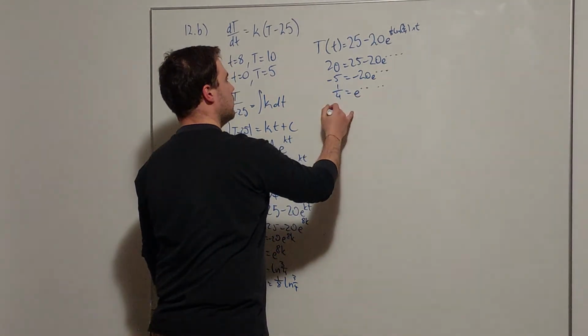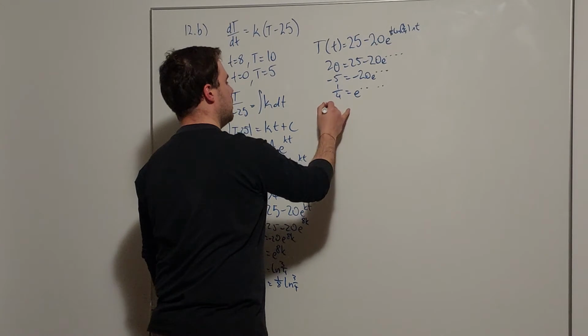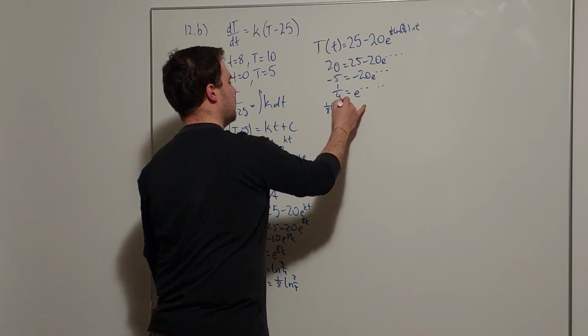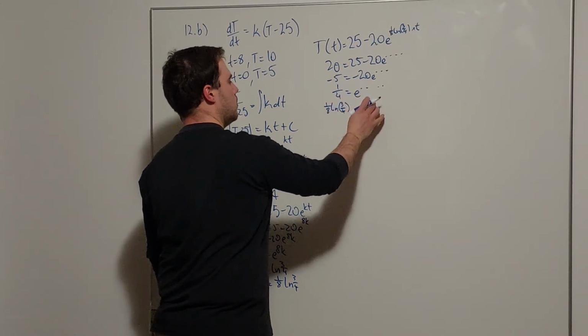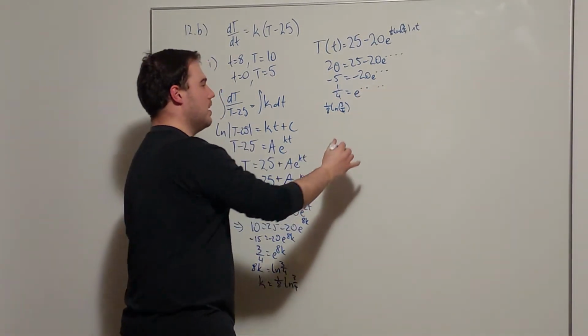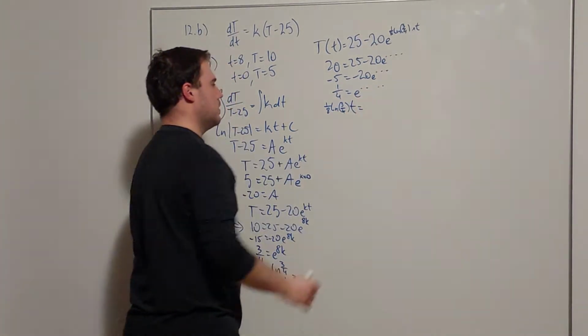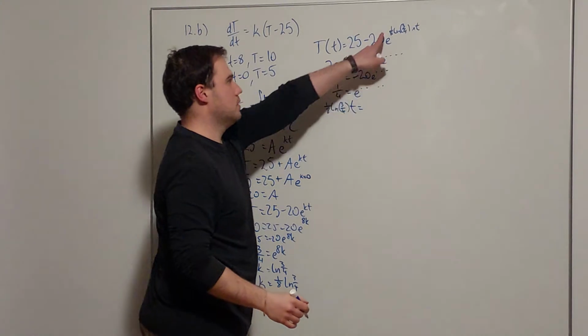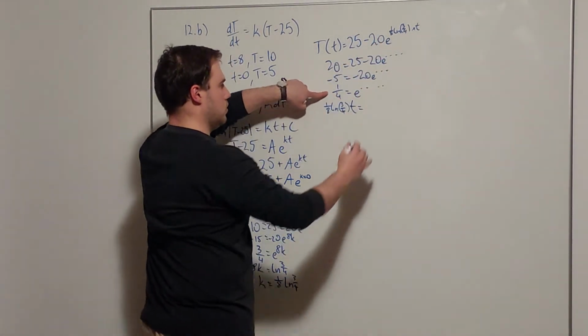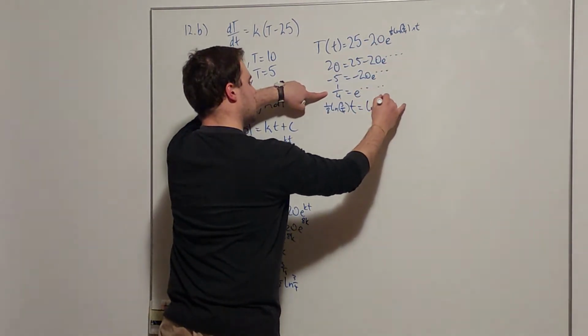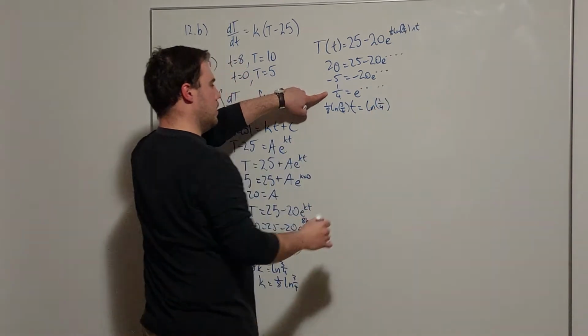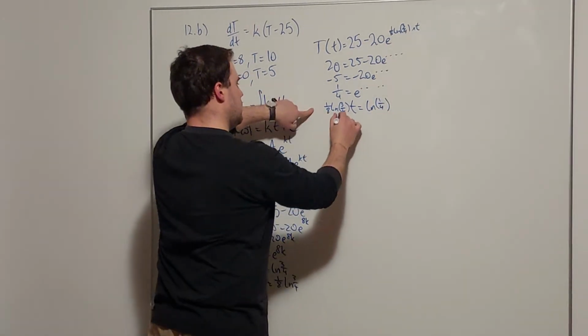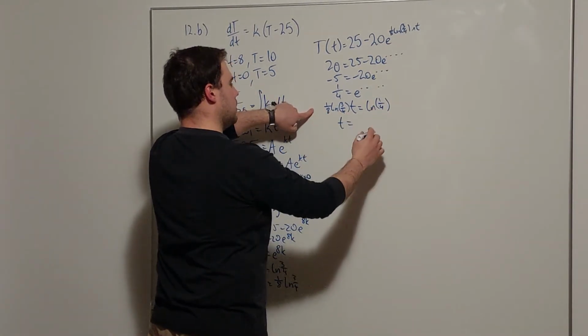So then the exponent, 1/8 ln 3 on 4 times t, is going to be what we have left over when we take natural log of this side, and then we can find t by just dividing that over.